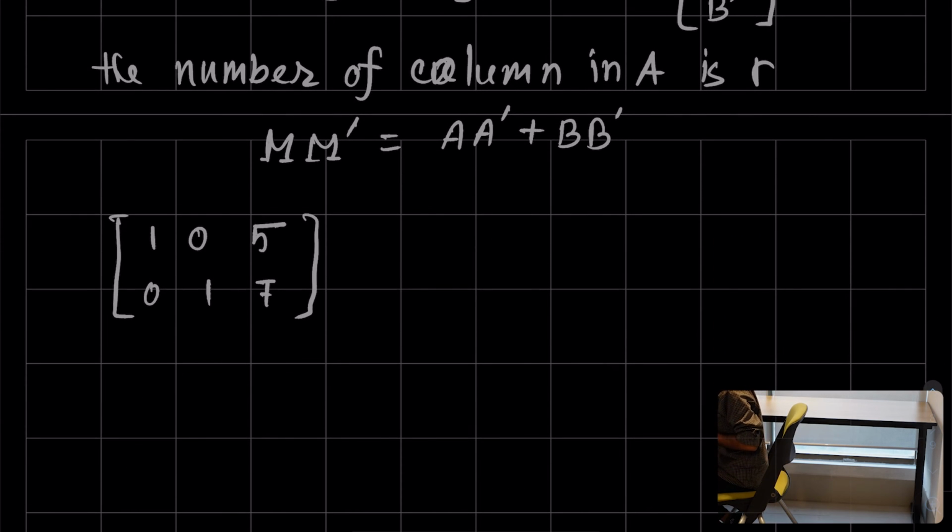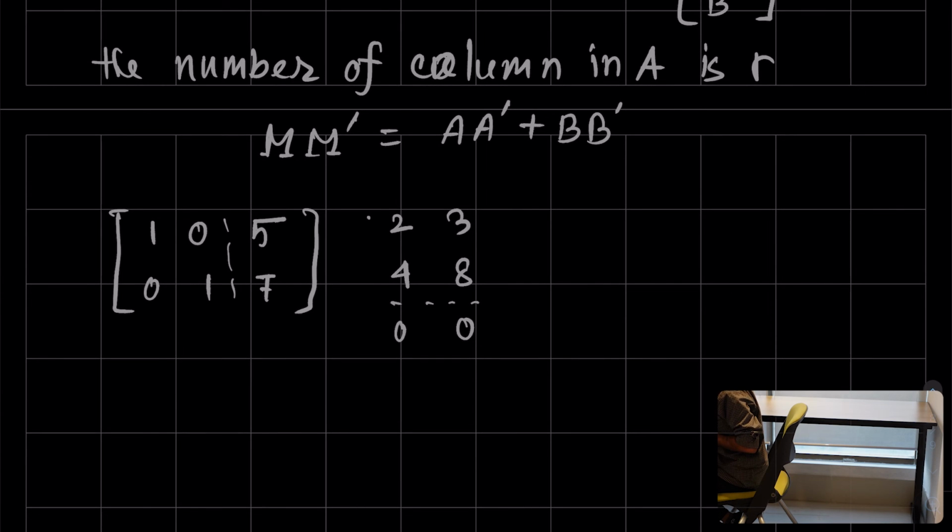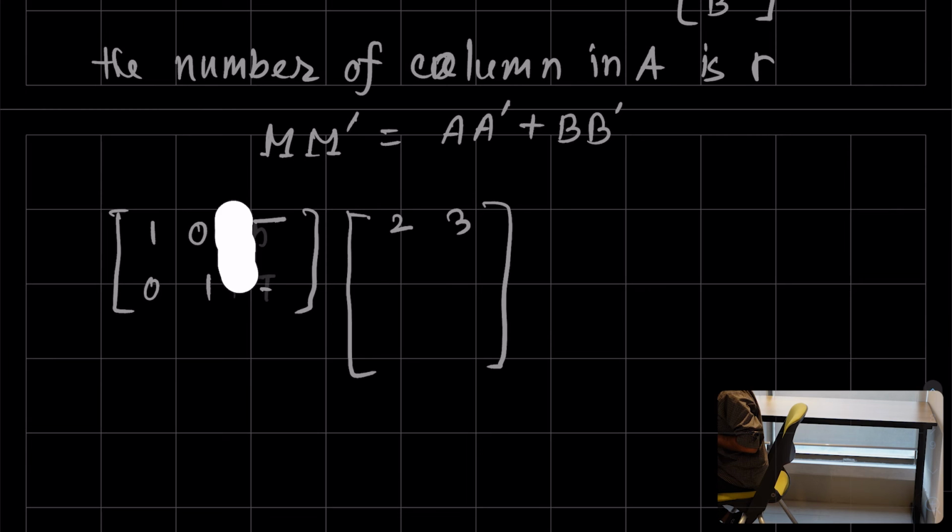And another matrix, let's consider 2, 3, 4, 8, 0, 0, with 5 and 7 above.